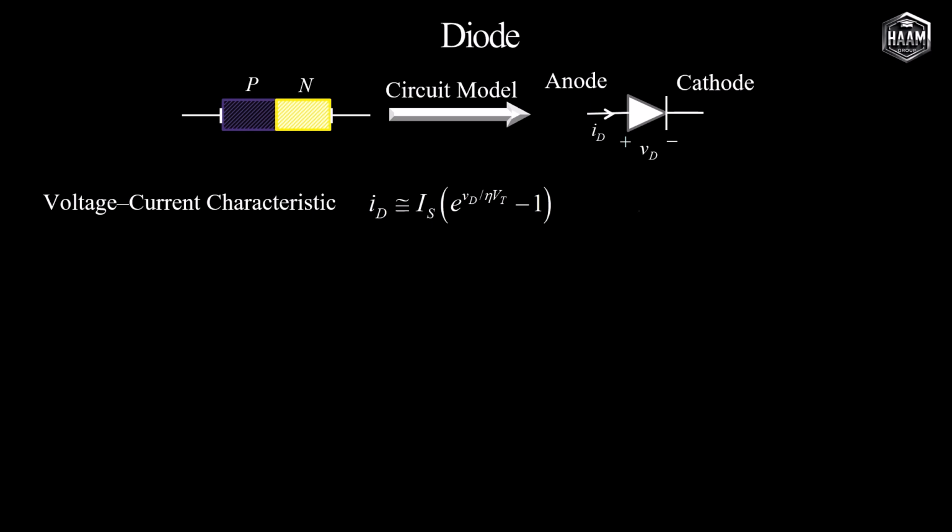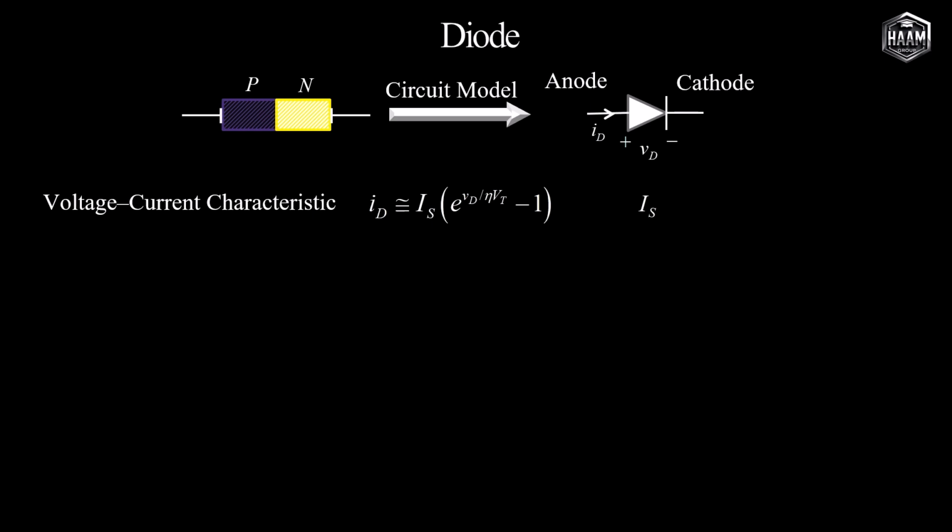In this relation, I_s is the reverse saturation current which arises when the diode is reverse biased and is generated by minority carriers. Its magnitude is extremely small.